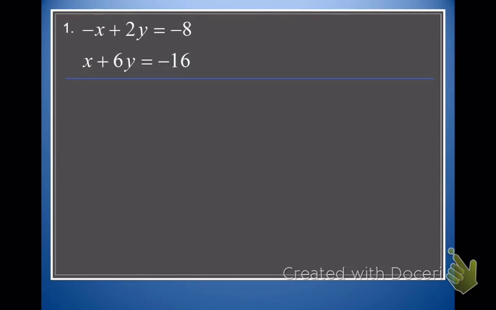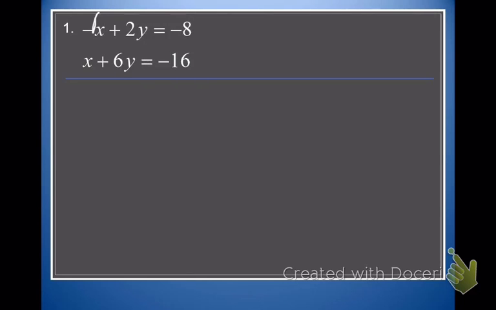First example here. So the first thing you've got to do is make sure your x's and your y's are lined up. You can see here, x's are lined up, the y's are lined up, the equal signs are lined up, and the constants are lined up. So everything's lined up, which is good. Now, we want to pick one of our variables to make them opposites. Same number, different signs.